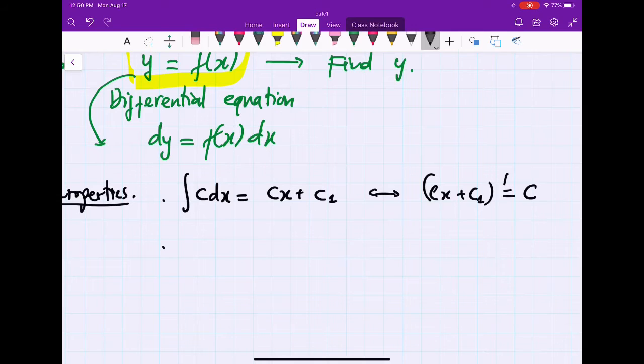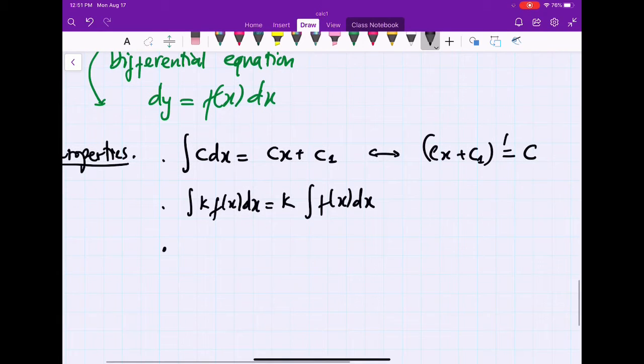Okay, and we have another one: the antiderivative of k f of x dx is just equal to k times the antiderivative of f of x dx. Does that make sense? Because that is anti-differentiation, and when we study differentiation, constants can be taken out from the operation. So we can do that for antiderivatives or for indefinite integrals.